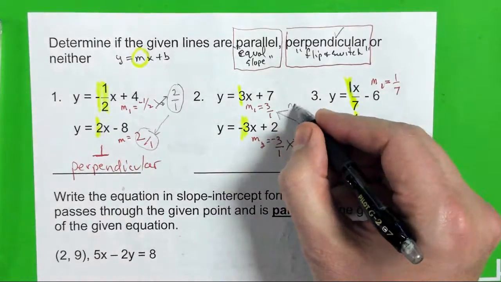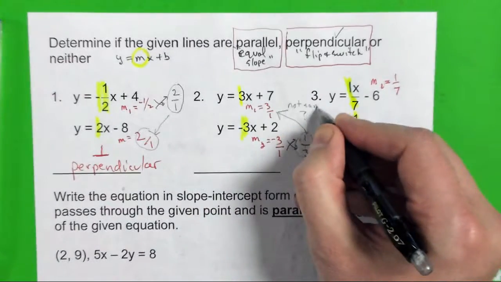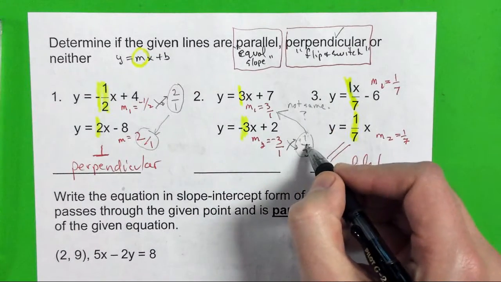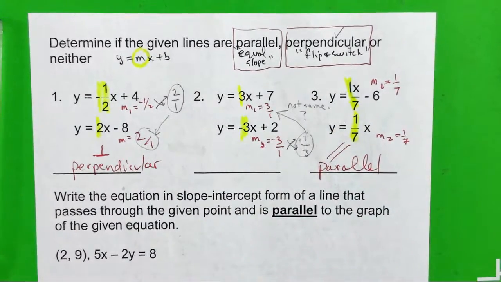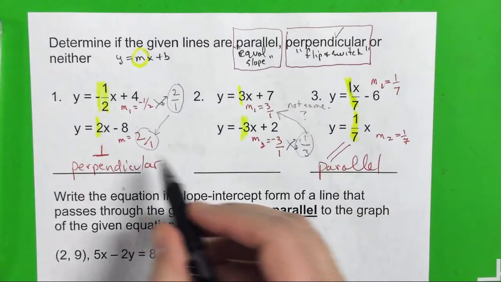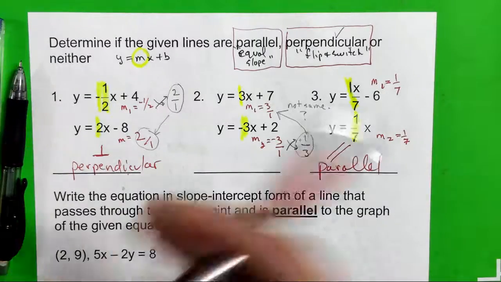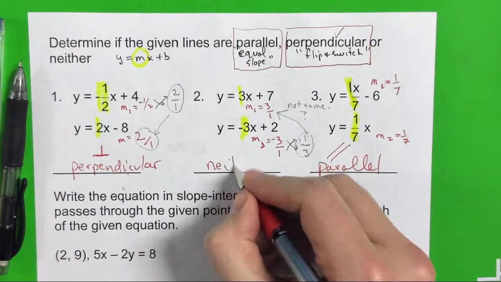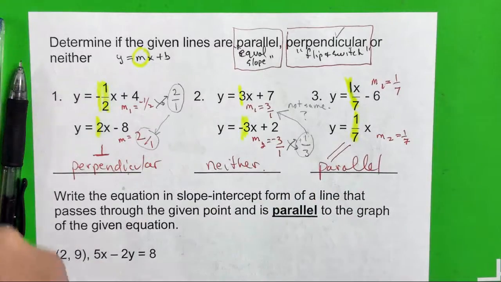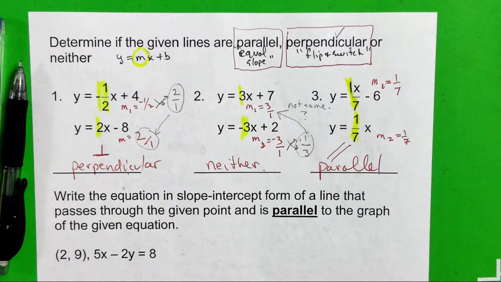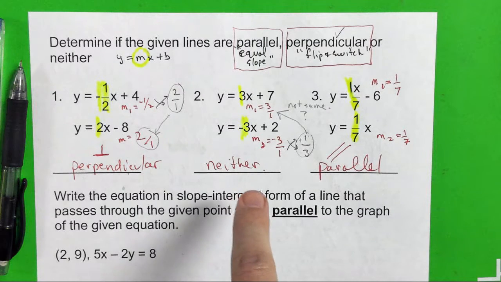No. They're not the same. Did flip and switch work? No. Parallel doesn't work. Flip and switch doesn't work. So we'll just say there's nothing special. We'll just say neither.